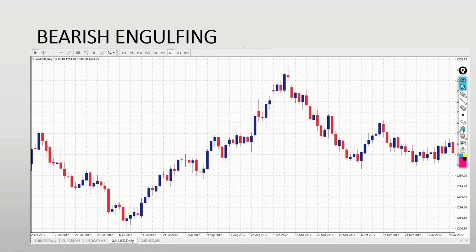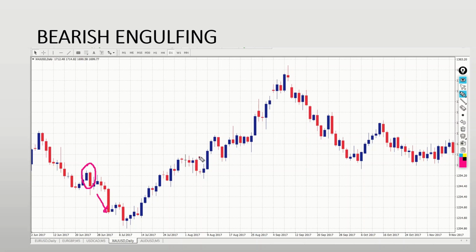So when we look at the chart right here, can we spot some bearish engulfing patterns? Of course, the number one thing you have to look for is an uptrend. Then after seeing an uptrend, of course, we get what we call a bearish engulfing. So we can spot a bearish engulfing right here. Then the price tends to move down. Okay.